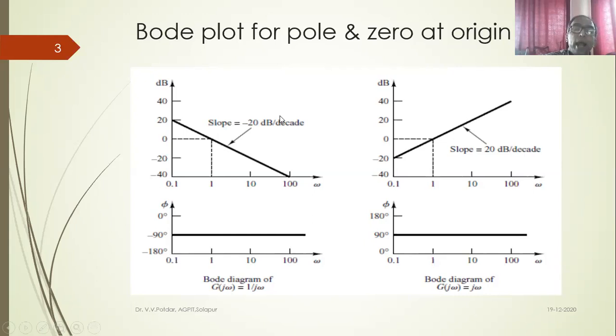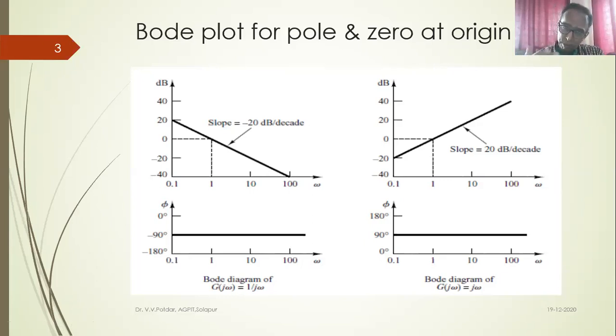So for a pole at the origin, I have a straight line of negative slope. How much is the slope? Minus 20 decibel per decade. If it is a single pole at the origin, it will have minus 20 decibel per decade. If I have a term s squared, so second order, 2 into 20, the slope will be minus 40.